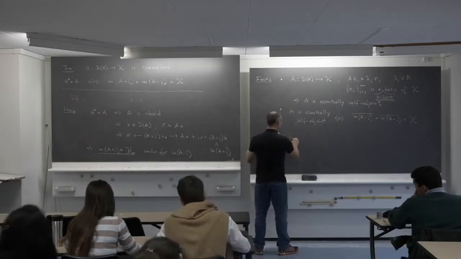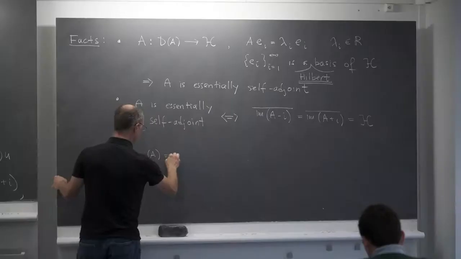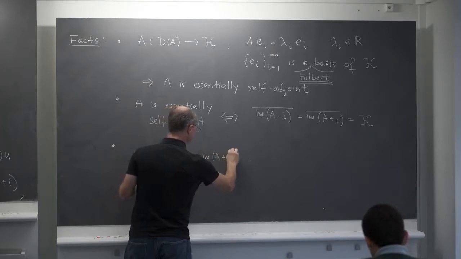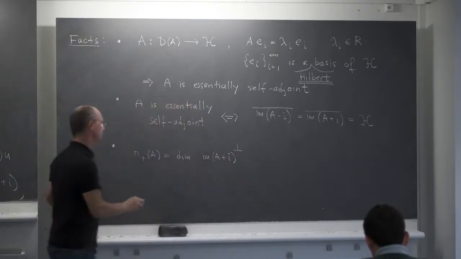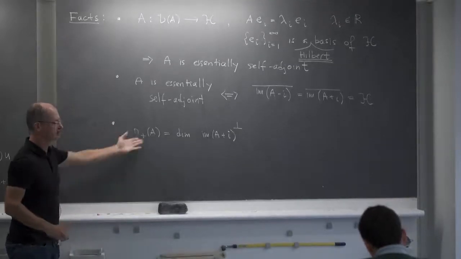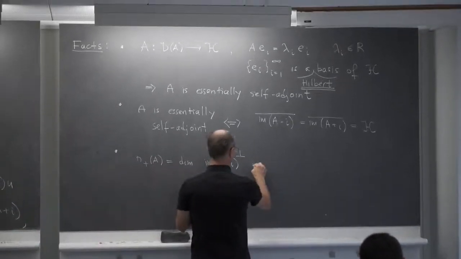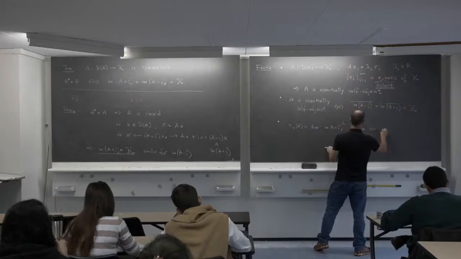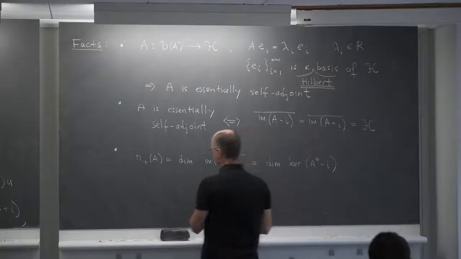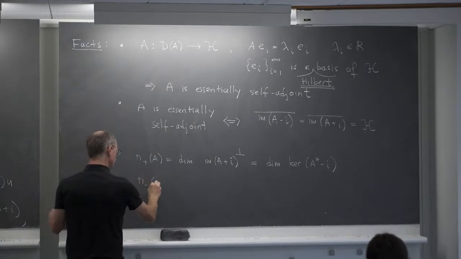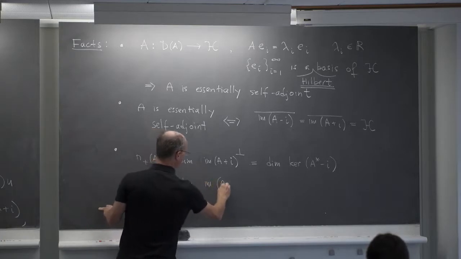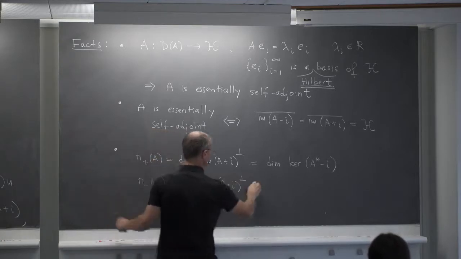So let me introduce two numbers, n plus of A is equal to the dimension of the image of A plus I orthogonal, right? So that's a closed subspace. It has a dimension, possibly infinite. So recall that this is the same as the dimension of the kernel of A star minus I. And n minus of A is equal, similarly, to the dimension of the image of A minus I orthogonal.